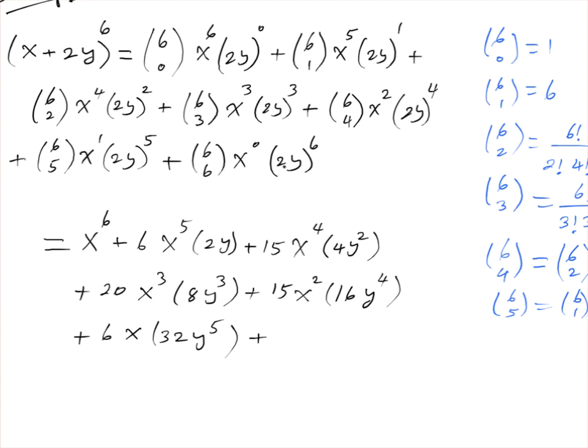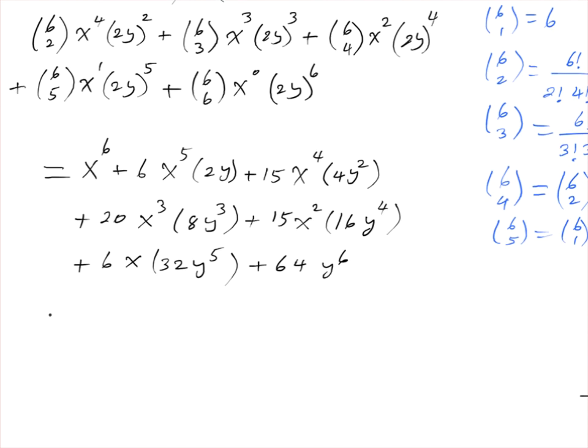So you just get 2 to the 6 times y to the 6, and that is 64 times y to the 6th power. And then you can simplify, multiply those coefficients that you need to.